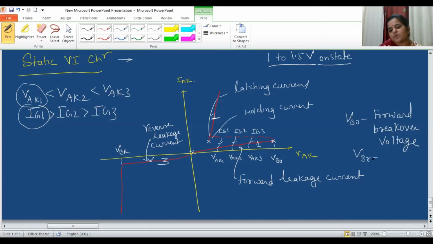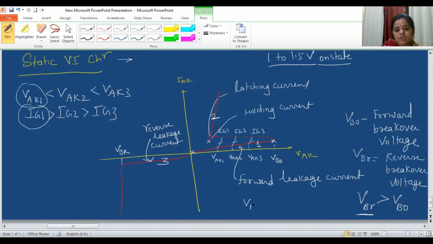So what is VBR? This is the reverse breakover voltage. If you increase the voltage in a reverse bias condition up to the reverse breakover voltage, your device will be permanently damaged. The VBR value is always greater than VBO, but if you increase the voltage up to VBR, the device will be permanently damaged.